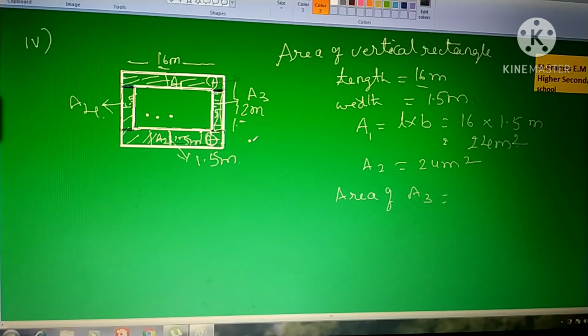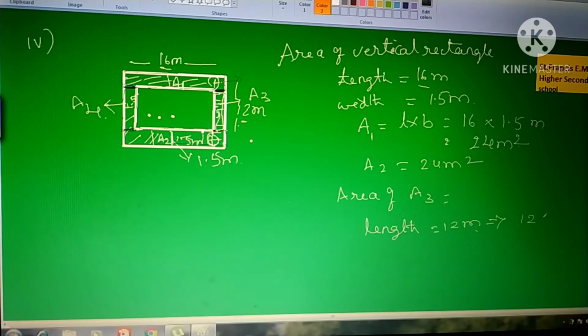So from the 12 meters you have to subtract this length and this length to get this line.